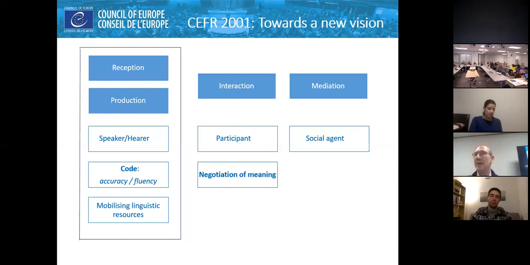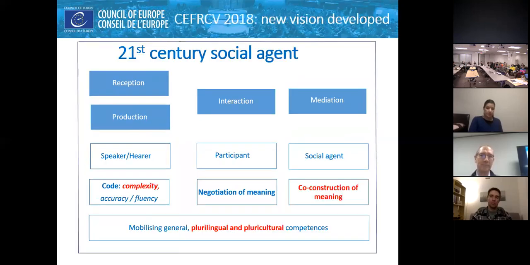And also mediation and the concept of the learner as a social agent, introducing the concept of agency into language learning. We're talking here about 1996. This is actually considerably before other people were talking about agency in connection with language learning.